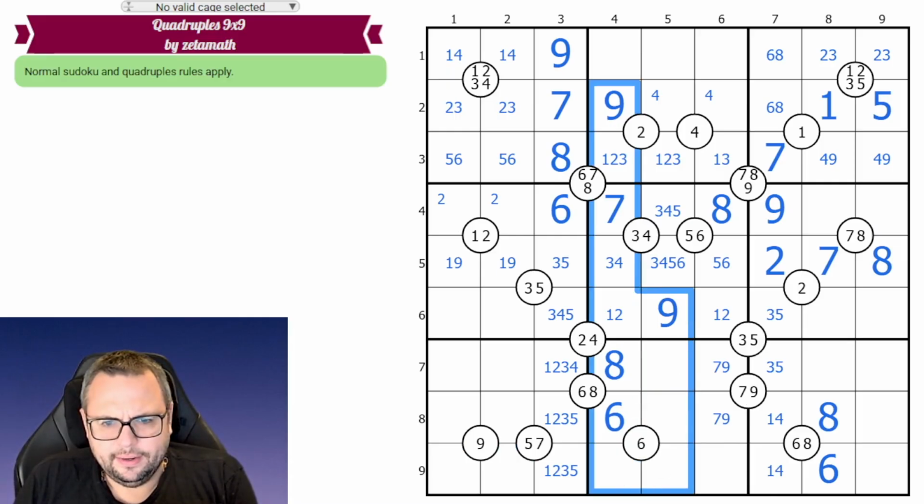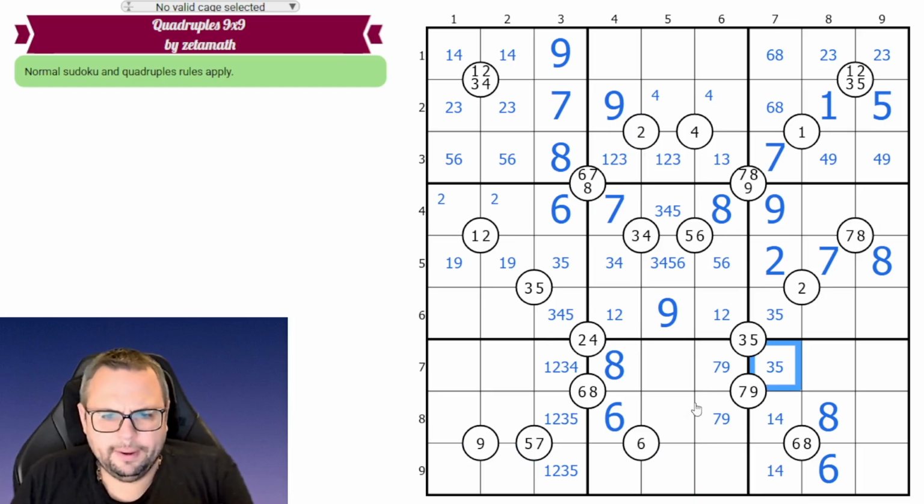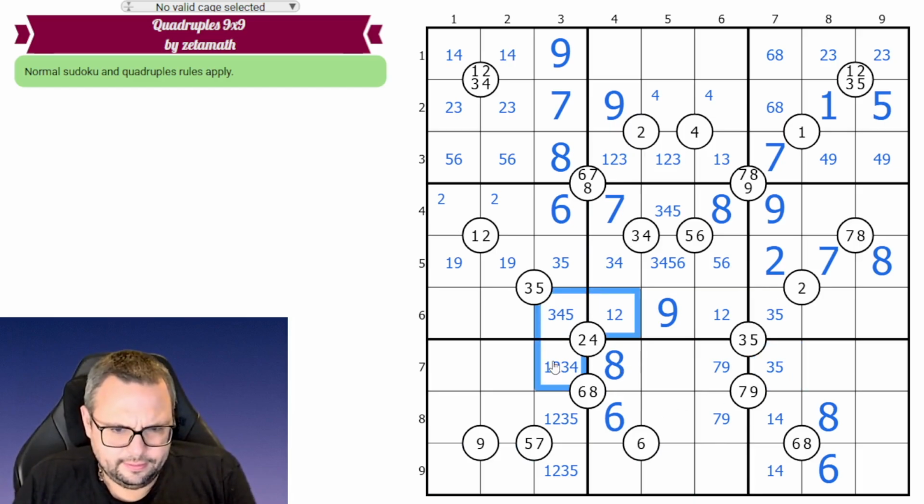Let's see. Do I know this isn't a 9? I don't know that's not a 9 right away. I still know there's a 2, 4 over there. One of those two is a 4.